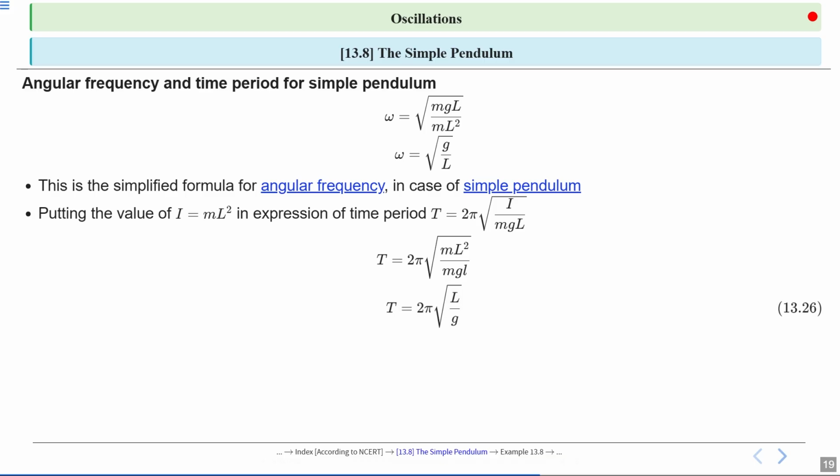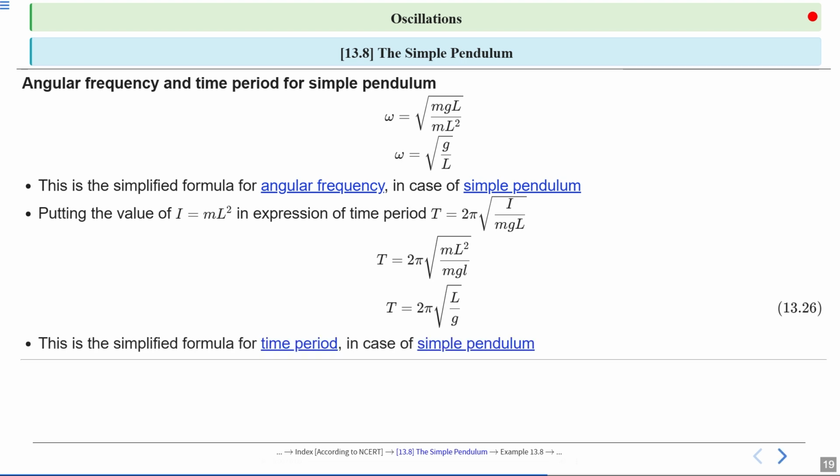Solving this, you will get T equal to 2 pi under root l by g. So this is the simplified formula for time period in the case of a simple pendulum. Remember, both angular frequency and the time period depend only on the length of the pendulum and the acceleration due to gravity, not on mass.